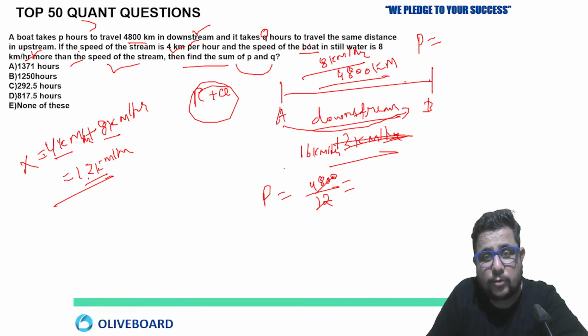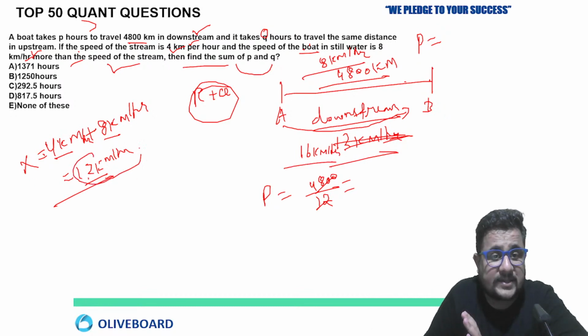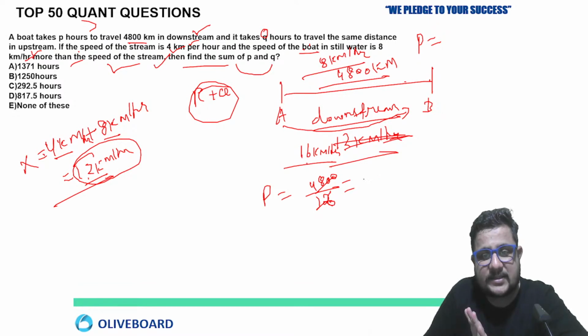The downstream speed is the speed of the boat in still water, 12, plus the speed of the stream, which is 4. So this is 16. So 4800 by 16. You can cancel, so you will get 300.